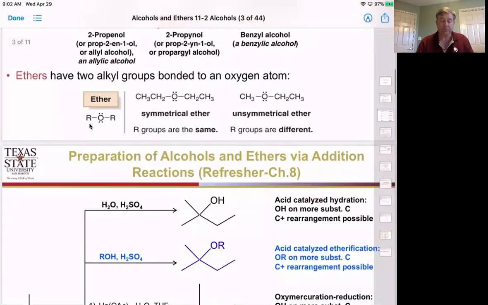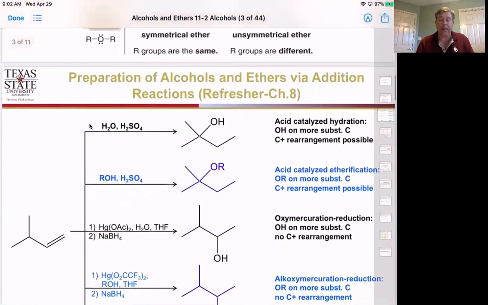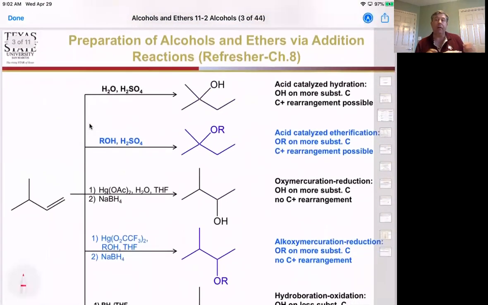Okay. So in chapter 8, we learned a bunch of different ways to make alcohols and ethers, mostly from alkenes. So we could do a hydration of alkenes to give us alcohols, and by doing it in a variety of different ways, we can get to our tertiaries by going through a carbocation. We can get to our secondary by limiting the carbocation rearrangement.